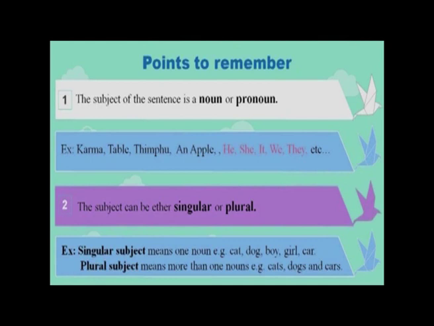Same with dog. When I say dog, how many dogs are involved there? Just one. So when there is just one noun in subject, that subject becomes a singular subject. If I say dogs, dogs refers to many in number, more than one.